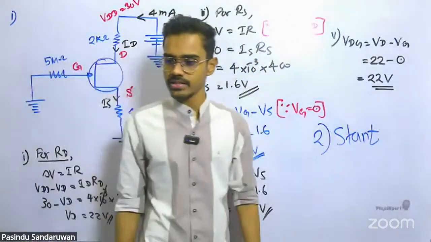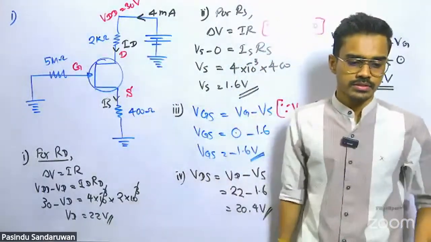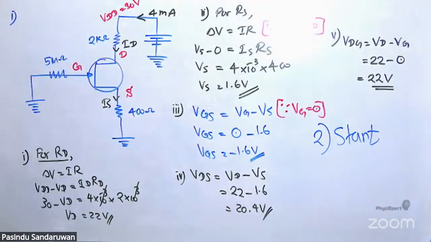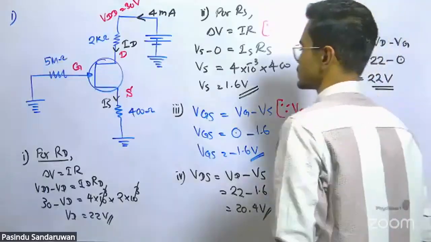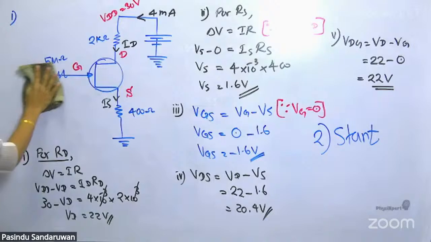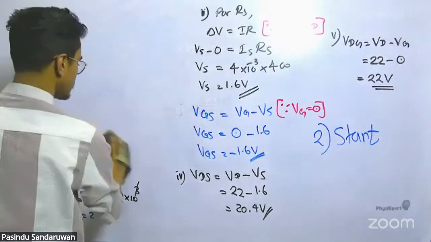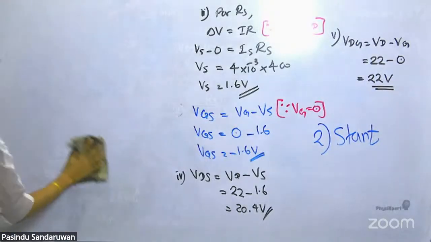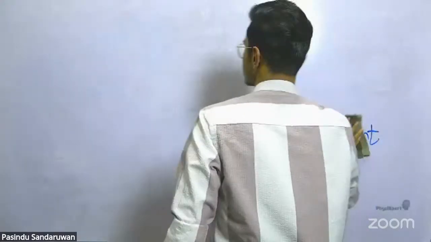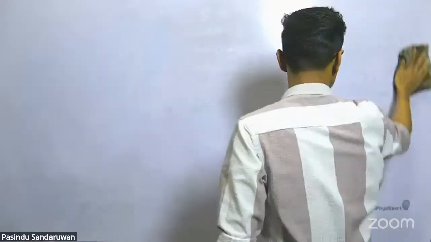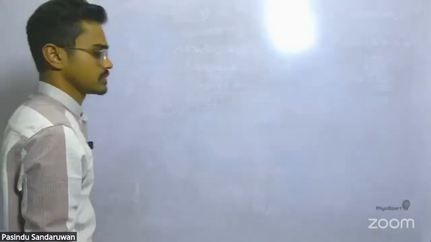ID 6 times 10 to the minus 3. Question 2.